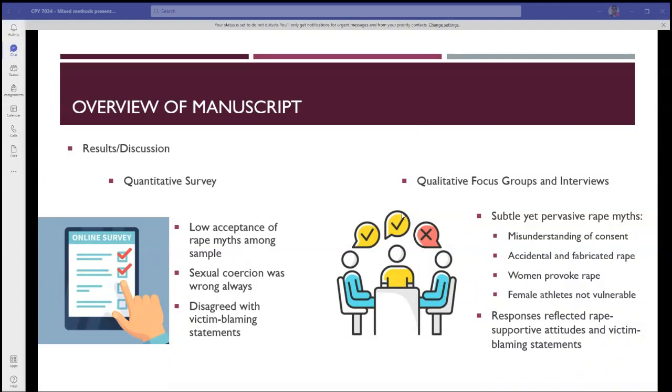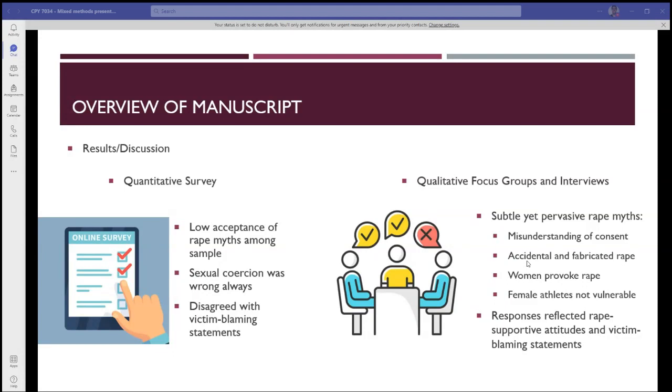So the responses from the qualitative aspects reflected rape supportive attitudes and victim blaming statements. And as we see, there's a different story looking at the results from the quantitative survey and the qualitative focus groups and interviews, which could be because the student athletes were maybe feeding off of or agreeing with their teammates when they were in a focus group.